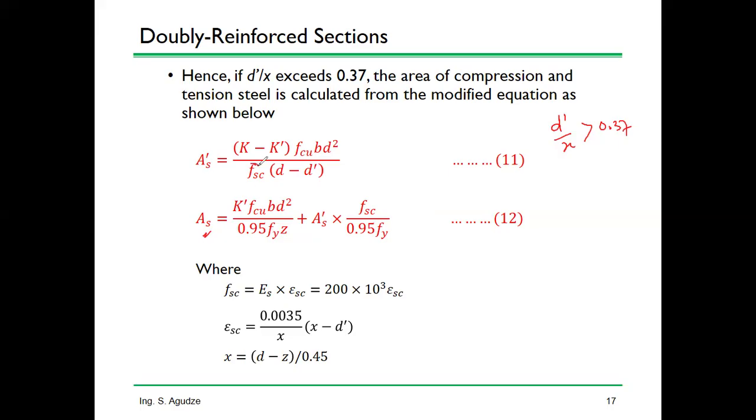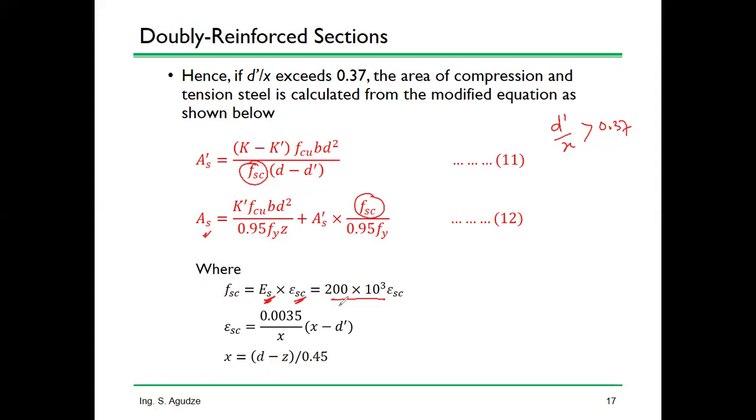So you see that the change here is that in this formula you have FSC. How do you calculate FSC? The stress in the compression steel is simply the Young modulus of steel times the strain in the compression steel. And the Young modulus of steel reinforcement is 200 times 10 to the power 3.